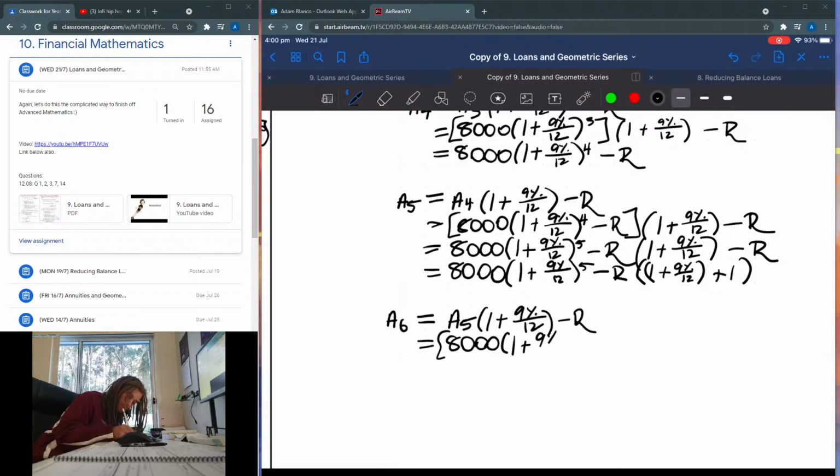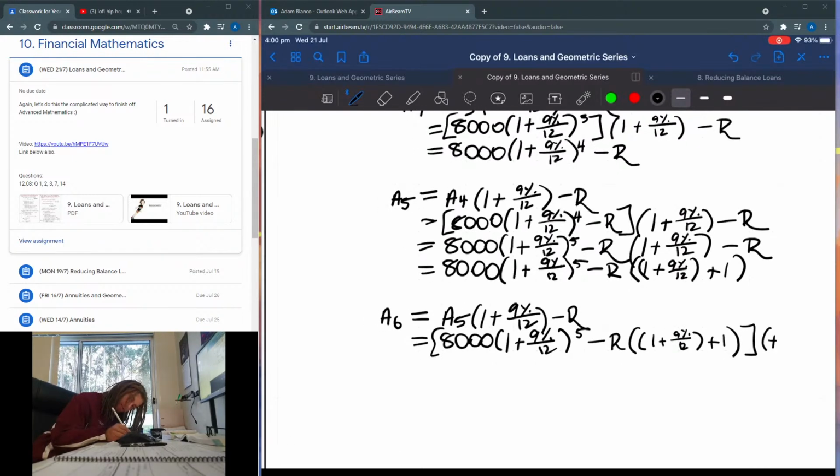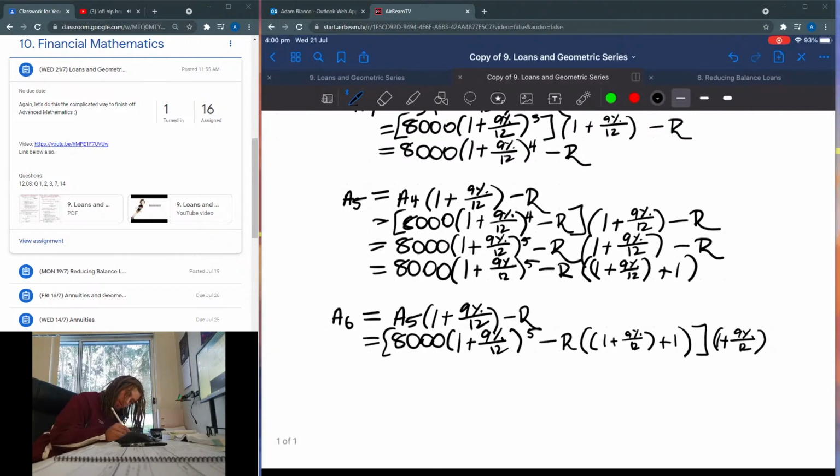I'm only doing this one more time. 5 minus R, 1 plus 1. Okay, that's all that. And then I compound it again. And then I make my repayment. Okay, holy moly, now I simplify.